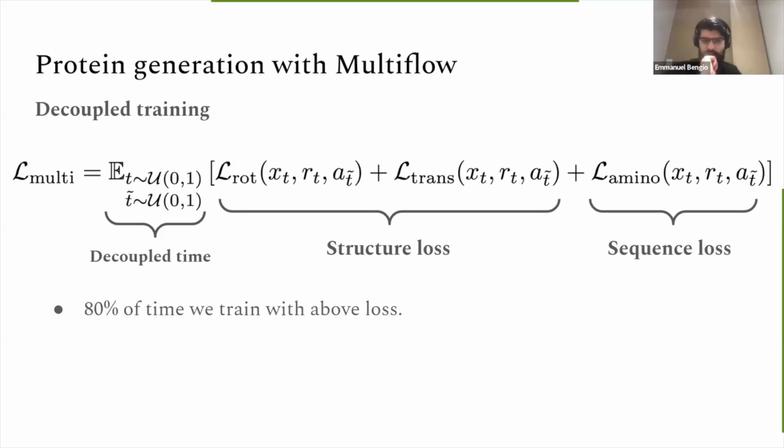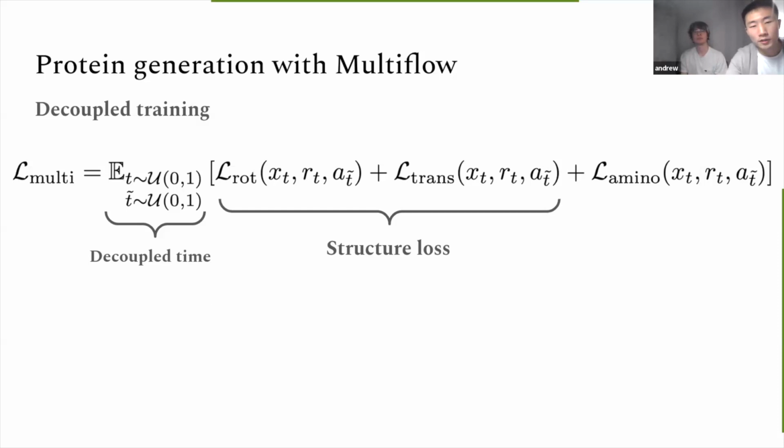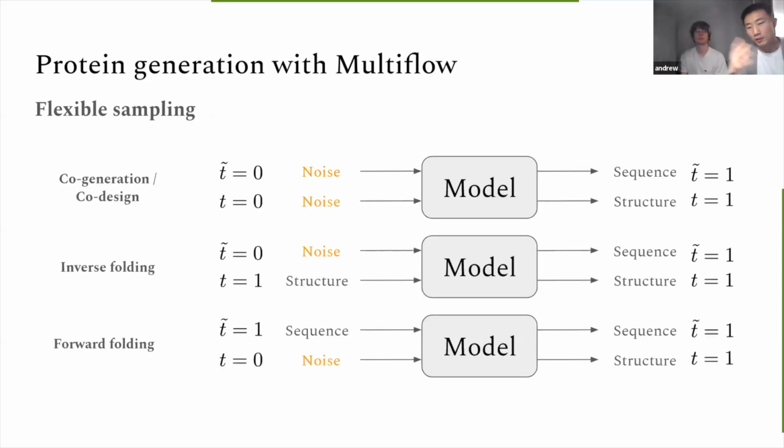There's a question in the chat. Yes. Prudencio is asking, why is the time decoupled? There should be consistency between structure and sequence at all times, maybe. You can couple them. You can do that, but then when you want to have flexibility in sampling, you can only do the top one here, which is co-generation. So here, T and T prime will always be the same, going from noise to data.